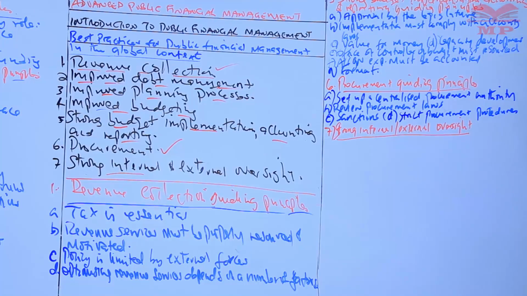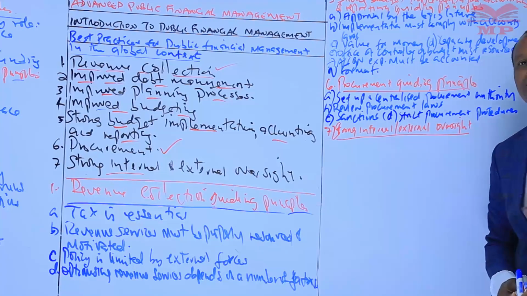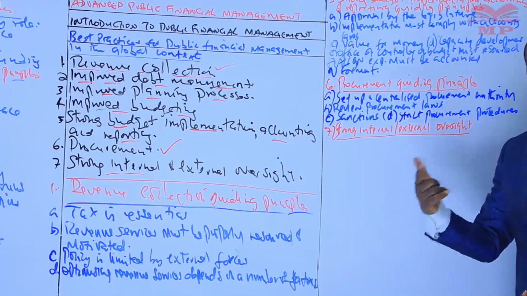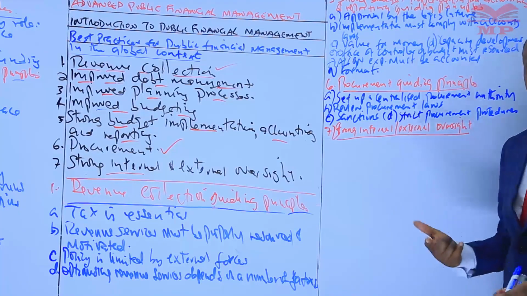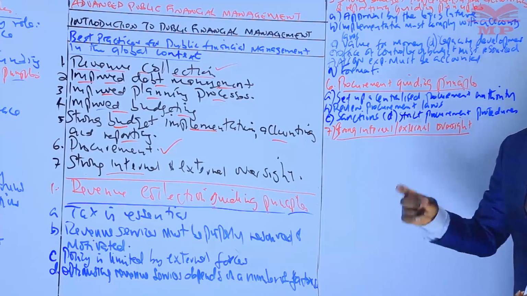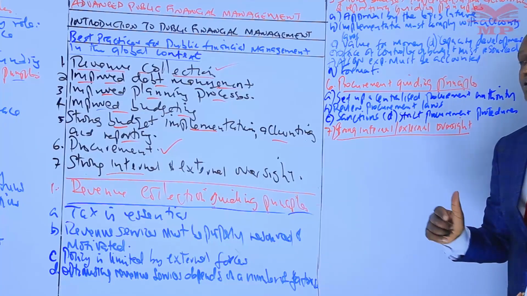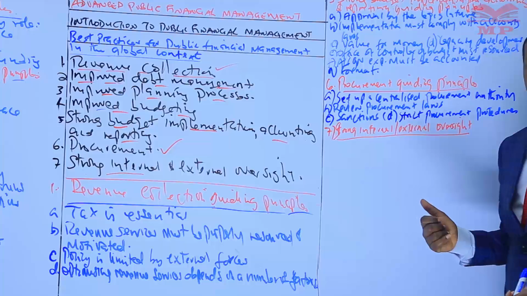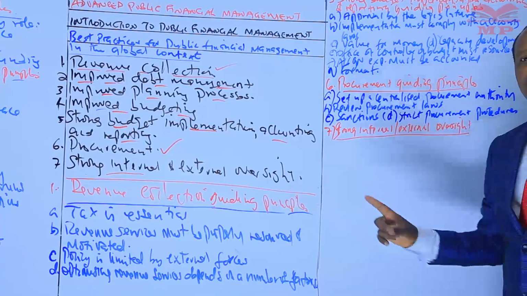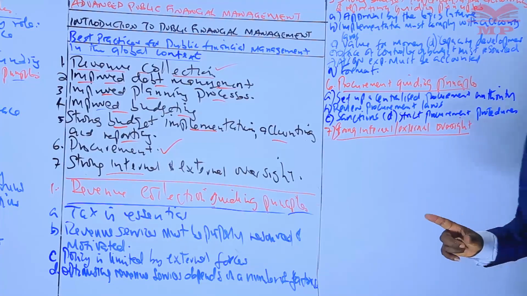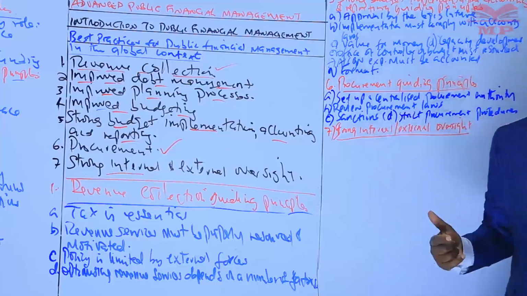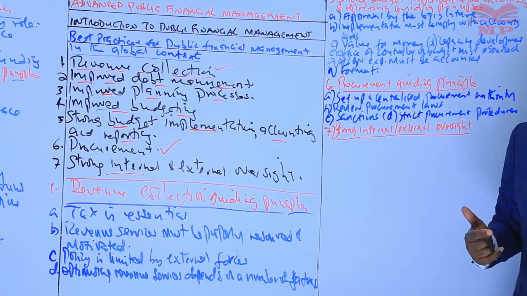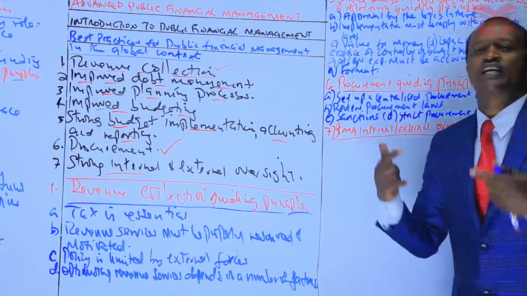Now, candidates, effective oversight and monitoring are crucial to sound governance and public financial management reform. A well-functioning public financial management system must have clear rules on transparency and reporting, as well as enforceable sanctions for failure.